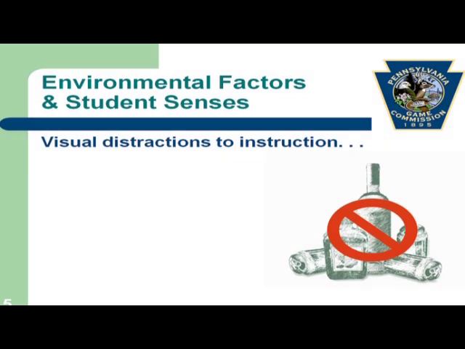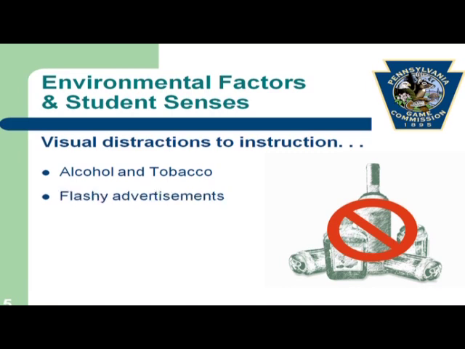Take a moment and try to think of some visual distractions to instruction. These can include references to alcohol or tobacco, flashy advertisements for hunting or fur-taking equipment, trips, or business advertisements for hunting-related materials.